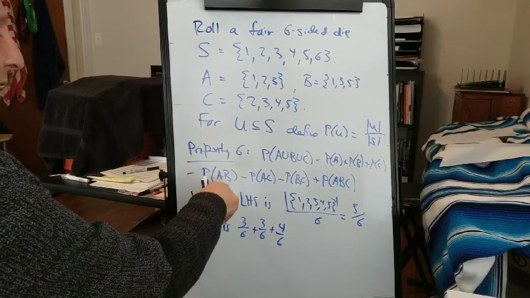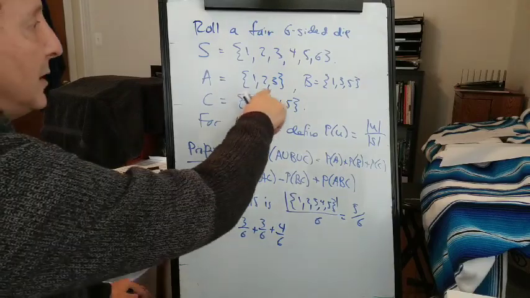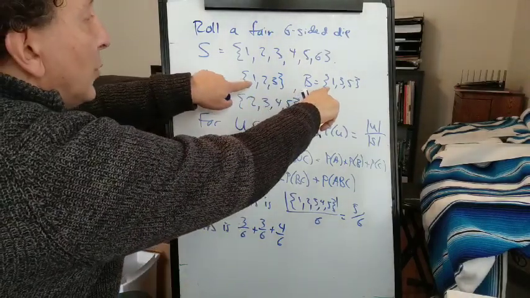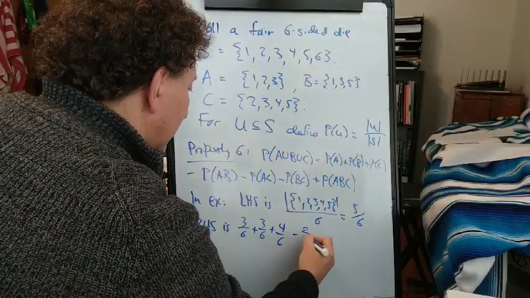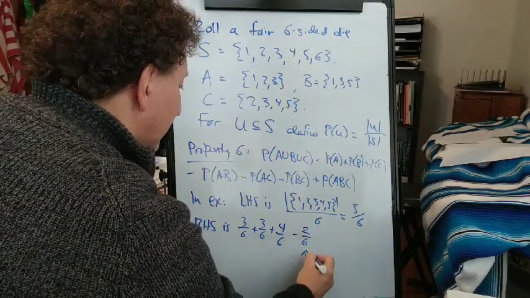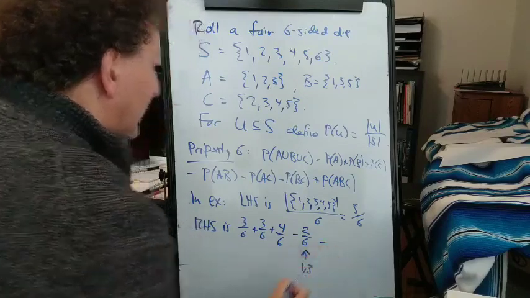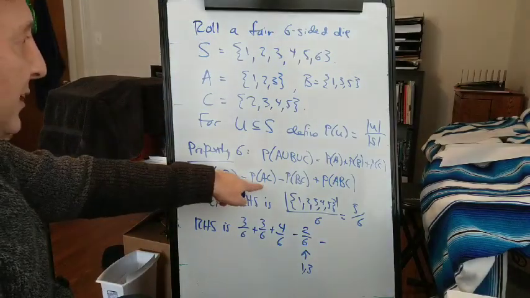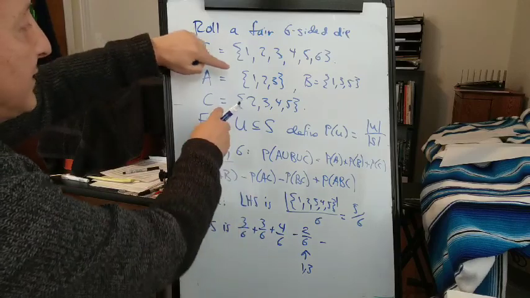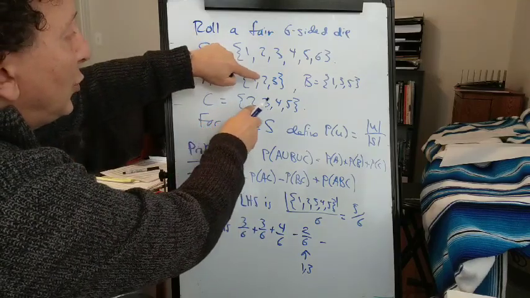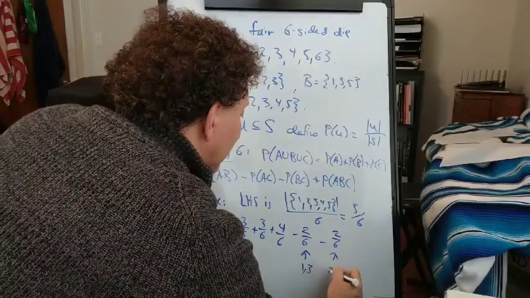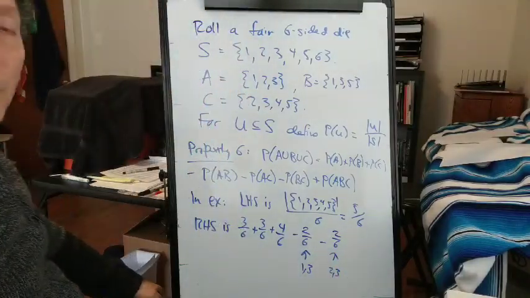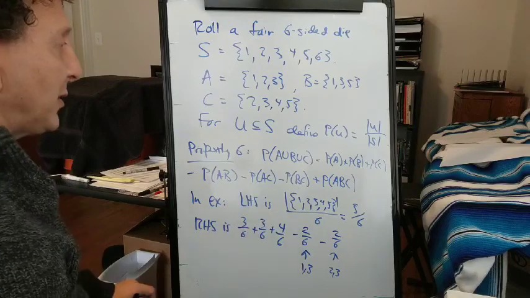Minus probability of A intersect B. A intersect B has 2 elements, 1 and 3. Minus probability of A intersect C. A and C have 2 and 3, 2 elements in common again, 2 out of 6. Minus probability of BC.